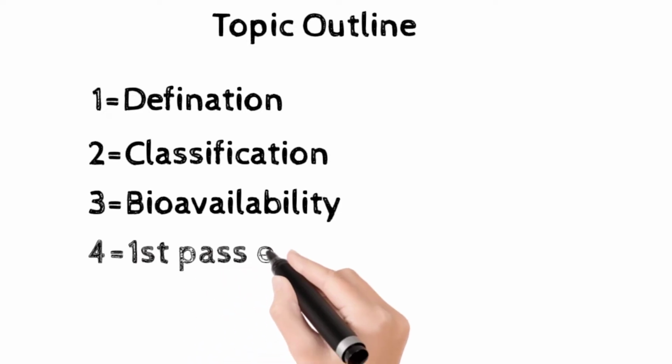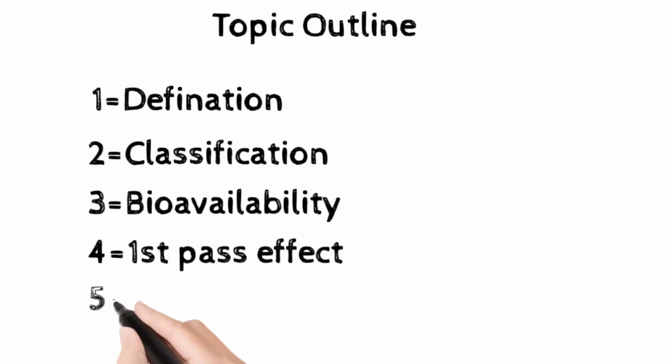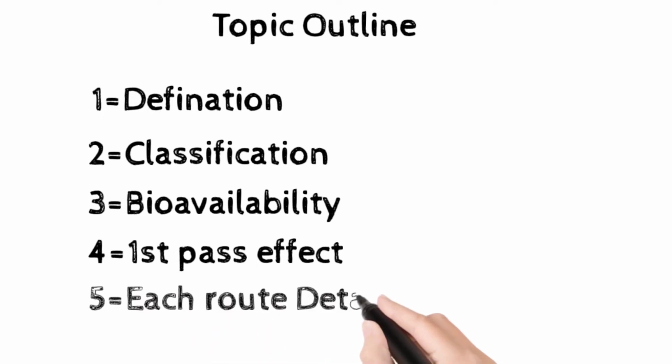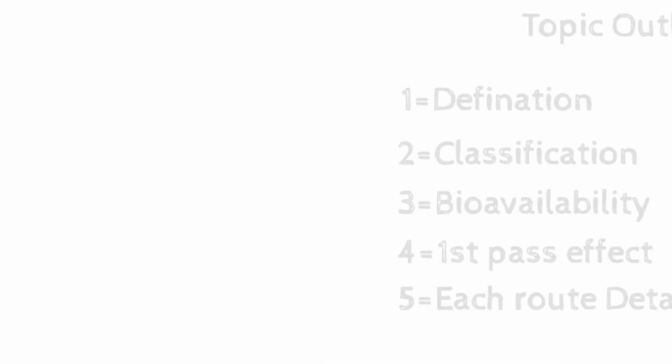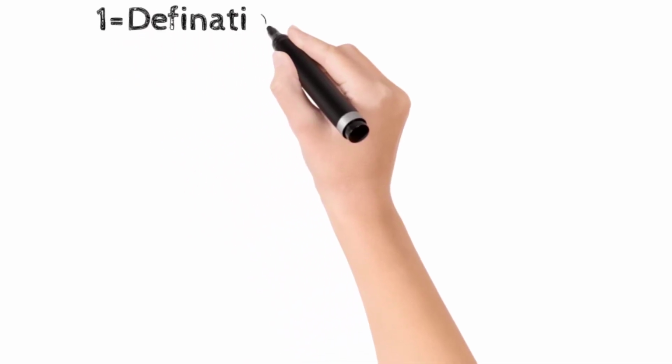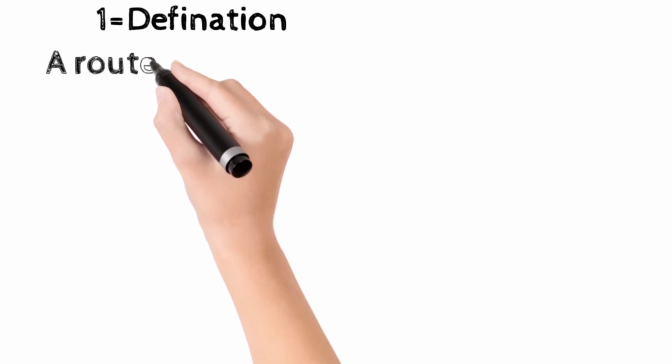Next is the first pass effect or first pass metabolism, and last is each route's detail, meaning definition, advantages, and disadvantages of each route. First we start from the definition of routes of drug administration.